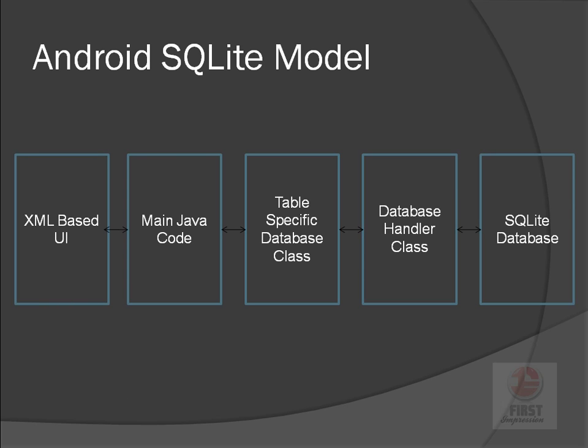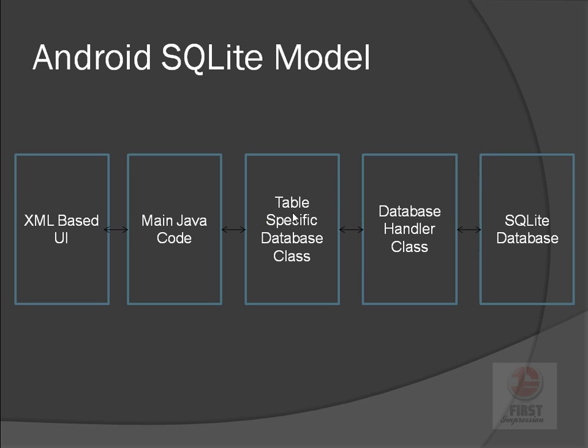To give you an example of this, let us assume that you create a login application wherein you have a user ID or a username and password, and you have all the information about that user stored inside the database. So on the user interface you will have username, password, login. As soon as you click on login, the Java code will be called. The Java code will access the table specific class for login.